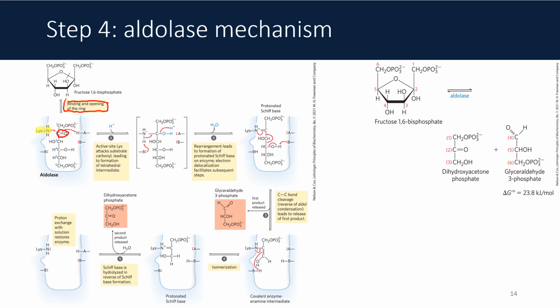Isn't that convenient? The lysine will attack that carbon and form a bond with it. And since we're adding a bond to that carbon, we need to break one of the other pre-existing bonds on it. And the one that's going to go is the pi bond in that carbonyl.